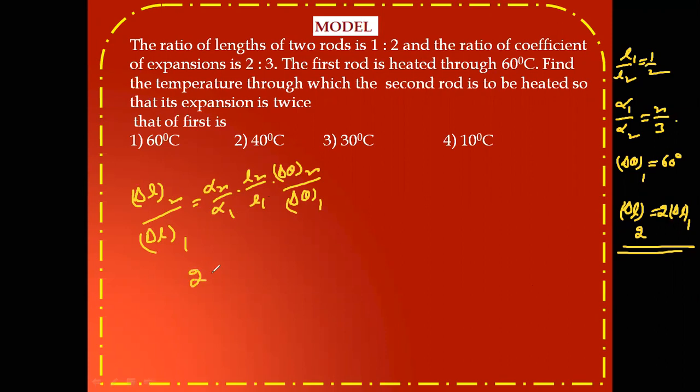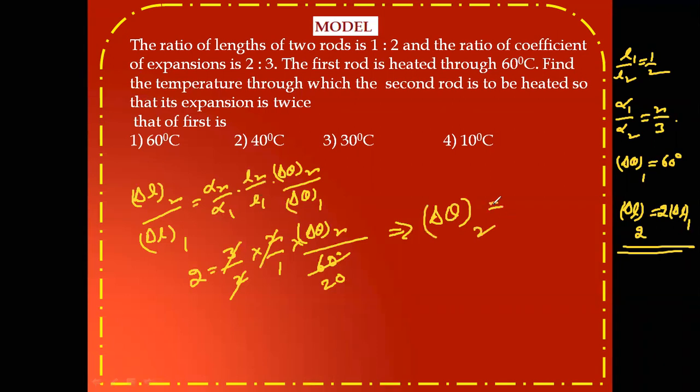So 2 is equal to alpha 2 upon alpha 1, that is 3 upon 2, L2 upon L1 is 2 upon 1, multiplied with delta theta of 2, which I need to find. Delta theta of 1 they gave me is 60 degrees. So this and this will cancel out, this and this will be 20 times. So delta theta of 2 I get as 40 degrees Celsius.